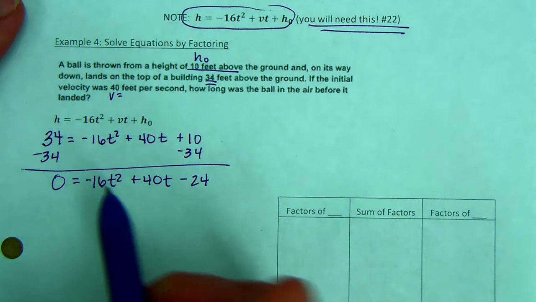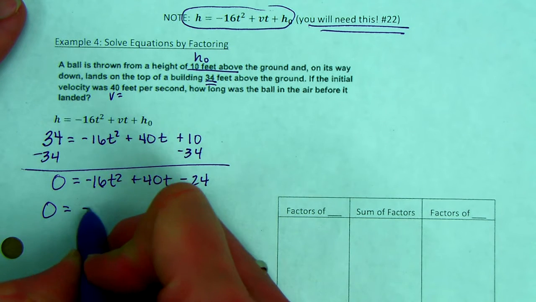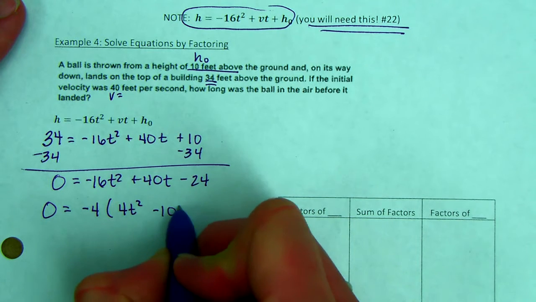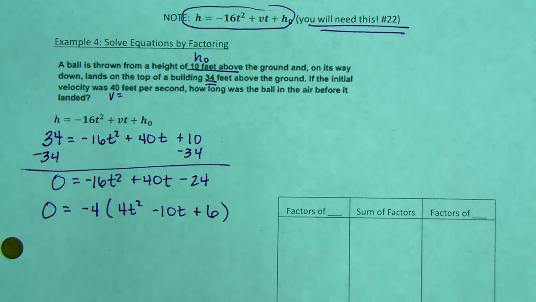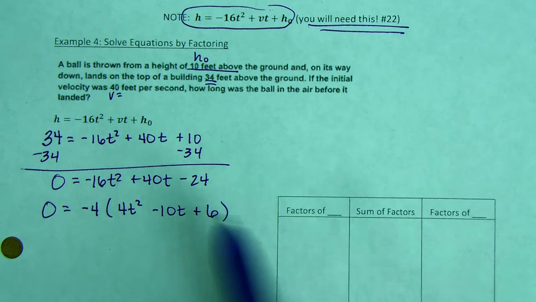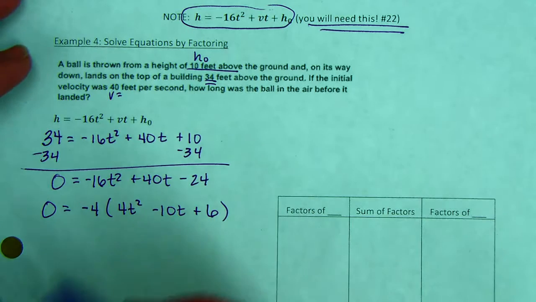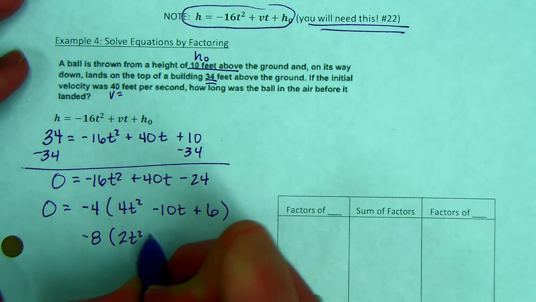I'm going to get 4t squared minus 10t plus 6. And you guys, I actually goofed, because look, I still have 4, 10, and 6, which is all divisible by 2. So if I take out a 2, that's going to be negative 8. I get 2t squared minus 5t plus 3. Oh, that is so much prettier, right?